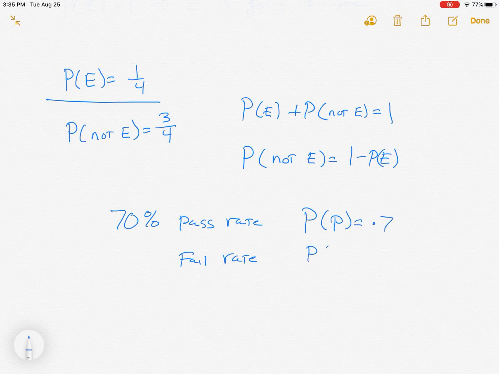So the probability that you do not pass, or what we sometimes call fail, is 1 minus 0.7, like you've probably already done, for 0.3. And so the probability that someone does not pass or fails is 30%. We're kind of used to this already, and you'll see some questions that are like that.